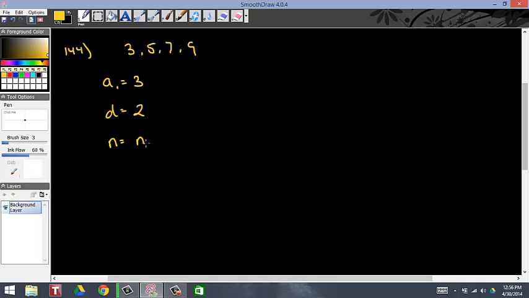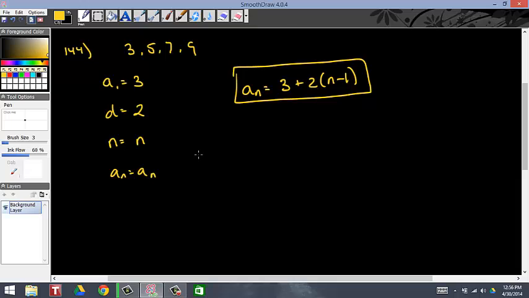Because we don't know which term they're asking for. So A sub N is going to equal A sub N, which is A sub 1, which is 3, plus 2 times N minus 1. So that would be writing the equation for the nth term.